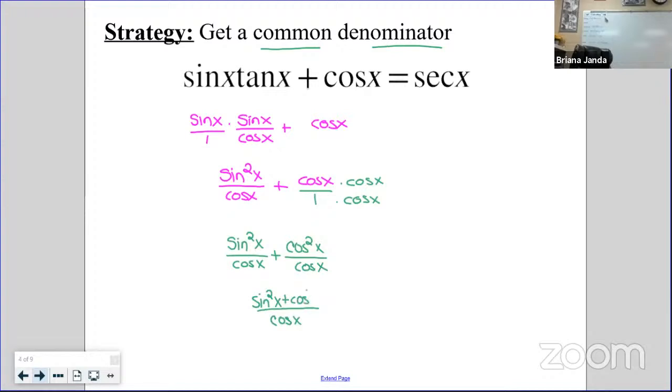And we go back to yesterday. Sine squared plus cosine squared can be replaced with, or substituted in for, what? 1. And 1 over cosine of x is secant x, which is where we were headed, and we are done.